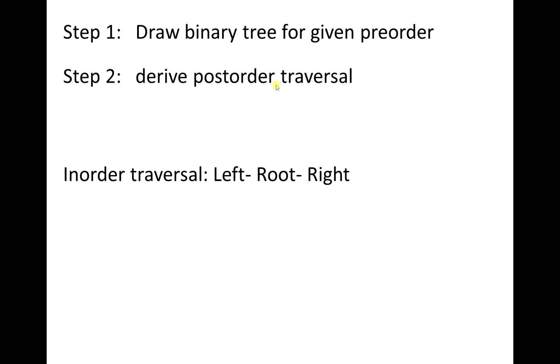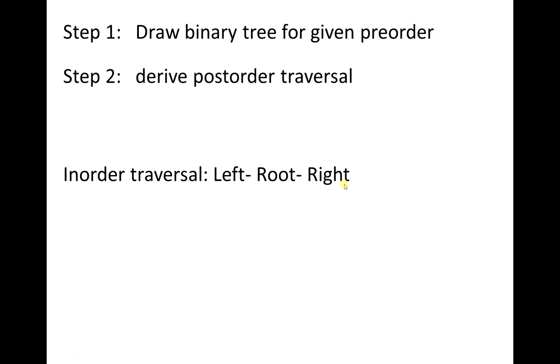In-order traversal means that in a binary search tree, the visiting of the nodes begins from the left subtree of the root node, and then the root node, and then the right subtree.